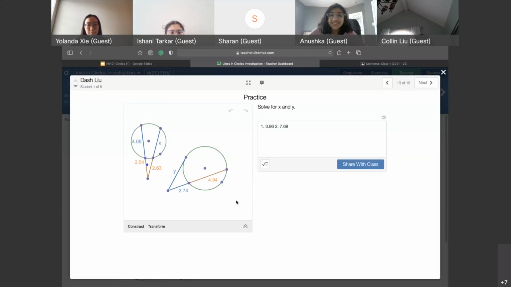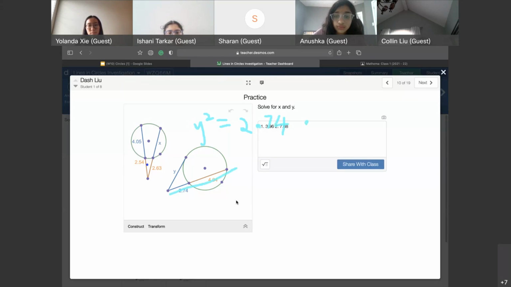So for this one, we get y squared is equal to 2.74. And then remember that we're multiplying it by the entire length of this thing, right? We're multiplying it by 4.94 plus 2.74. So doing mental math, you get 7.68, right?